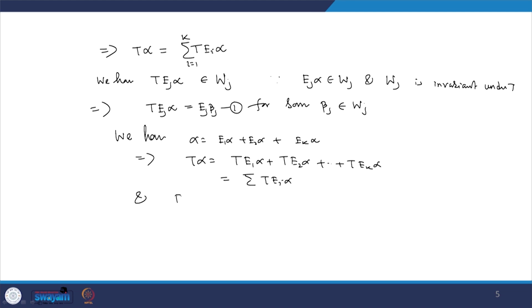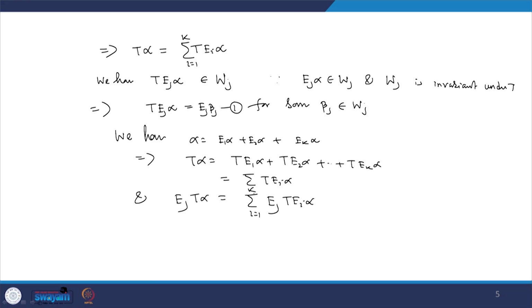And when operating E_j from the left side, I have E_j T alpha, which will be again sigma E_j T E_i alpha, i equal to 1 to k. So, note that T E_i alpha will be in W_i.